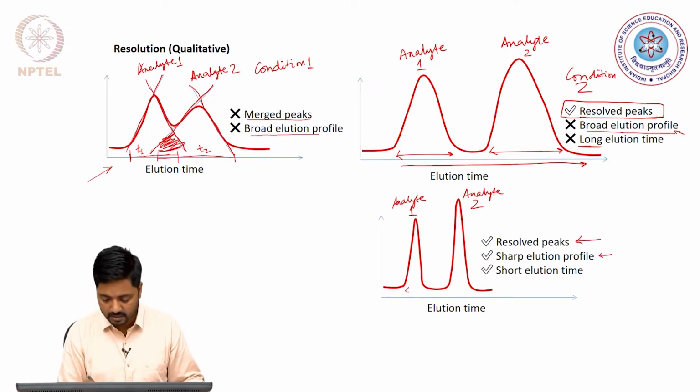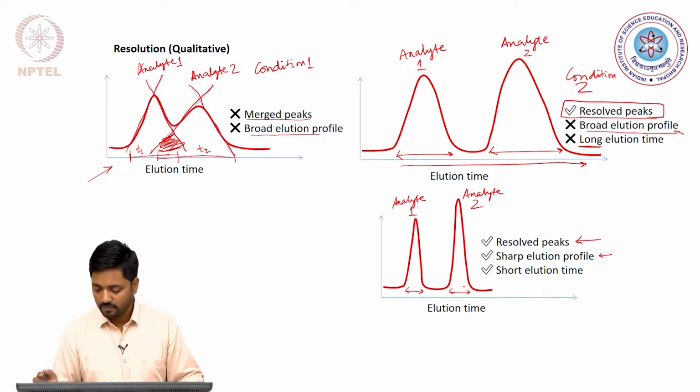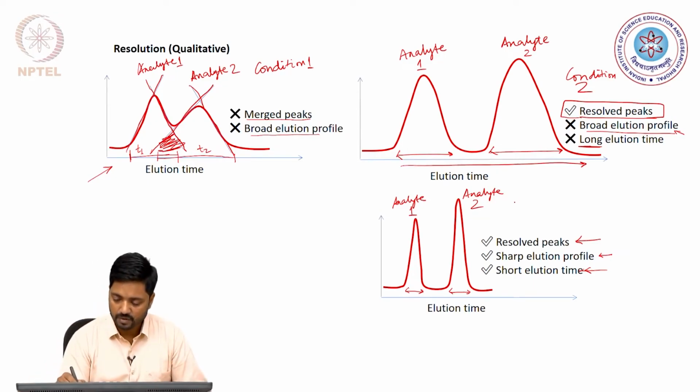That means, this spread here is very small, and we also have a short elution time, so that we get a much better resolution. So, ideally our aim is to achieve condition 3 in our chromatography.